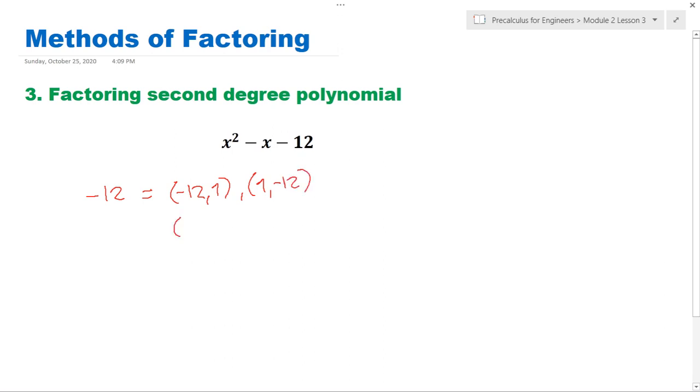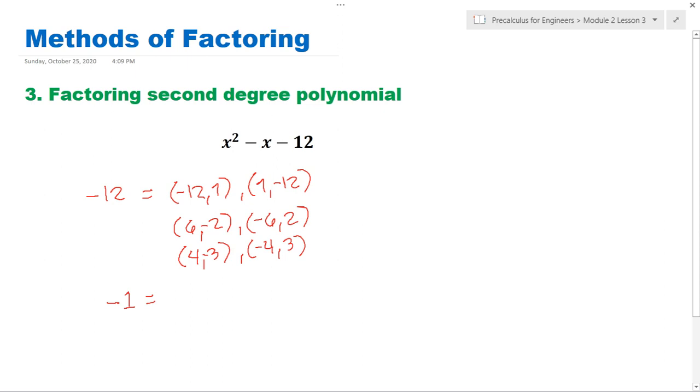You can also have 6 and negative 2, or negative 6 and 2. You can also have 4 and negative 3, or you can have negative 4 and positive 3. See to it that their sum is negative 1 in order to conform with the value of our middle term.